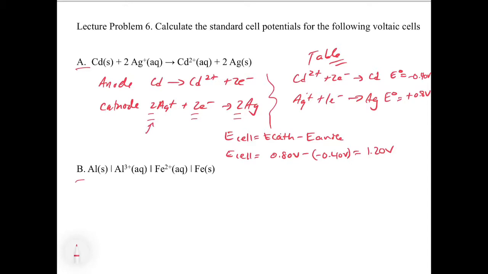Now let's talk about why we don't double the voltage when we have a 2 in the stoichiometry. We do not double E naught. This is because we're talking about a field, and fields are not dependent on stoichiometry.